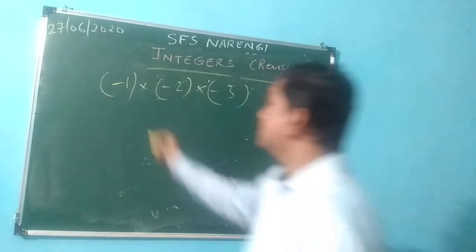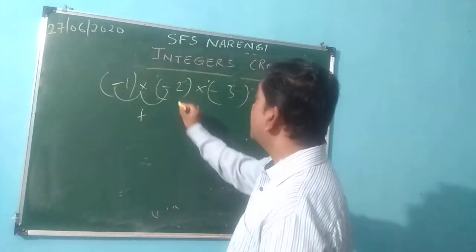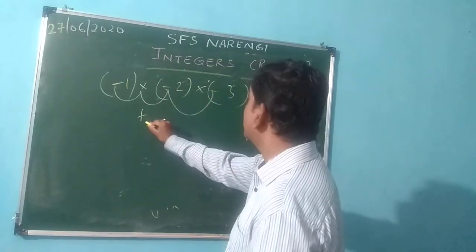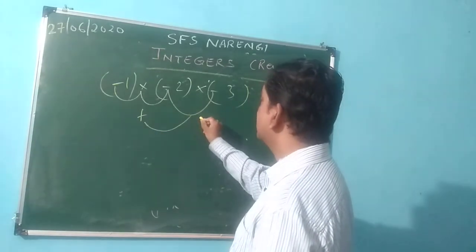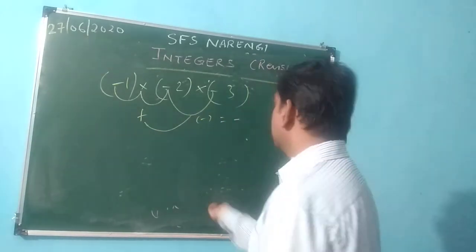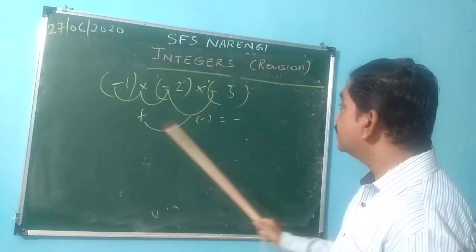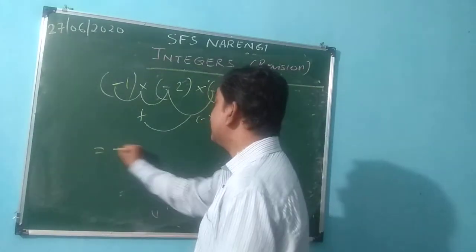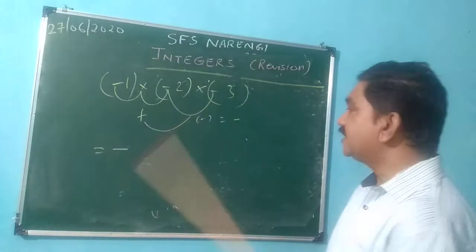Let us find it out. We know minus into minus is plus. We also know that plus into minus is minus. Alright. Minus into minus is plus. Again plus into minus is minus. So the answer will come in minus. And 1 into 2 is 2, 2 into 3 is 6.